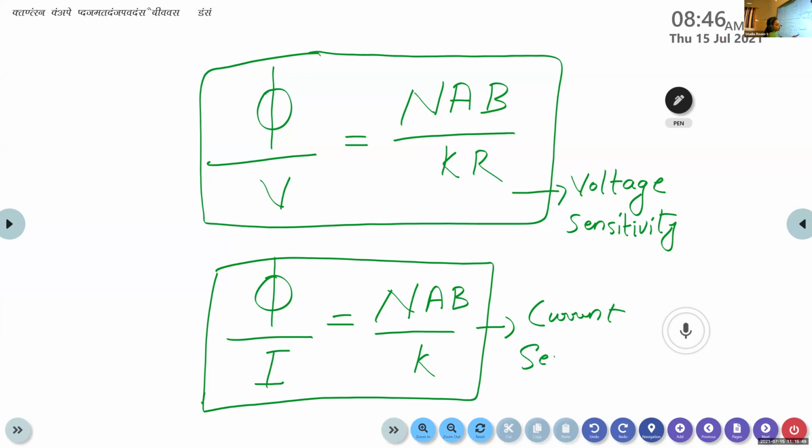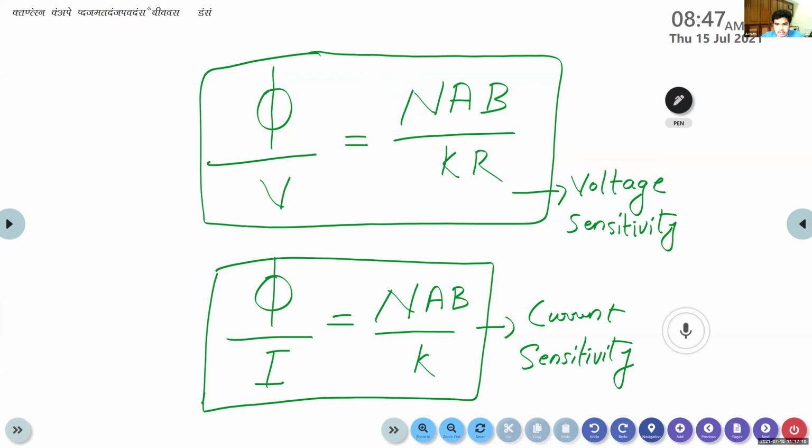So my next question: can you guess the factors on which the current sensitivity depends? Where phi by I is known as current sensitivity, what are the factors on which it depends?